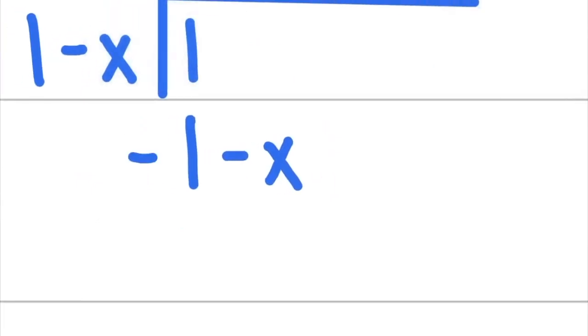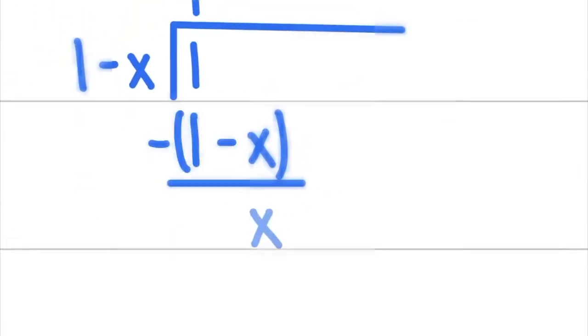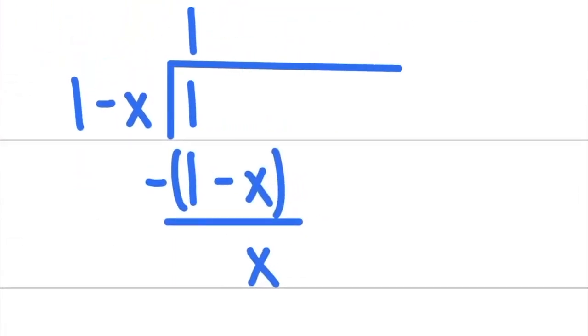And then we're going to subtract this entire thing. So the 1s are going to cancel, of course, and then you have minus negative x. That becomes positive x. So that's the classic American long division algorithm. You divide, you multiply, and you subtract to get the remainder.